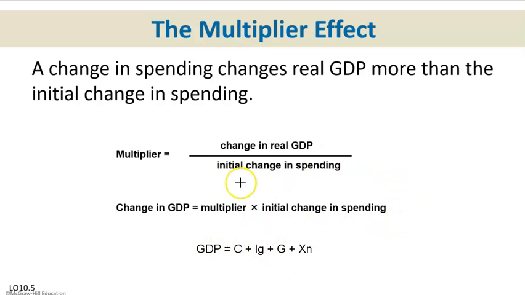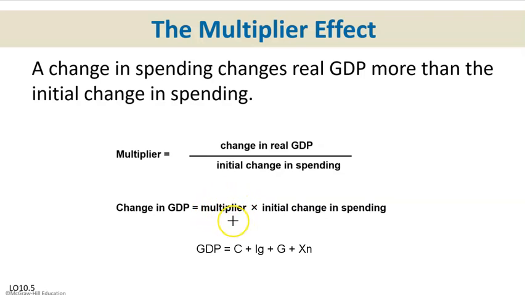This second formula, definitely write this down and keep it handy because we're going to be using this one a lot. So we'll be solving for the multiplier based on the MPC, which we talked about earlier in this chapter. I'll give you that formula in a bit.